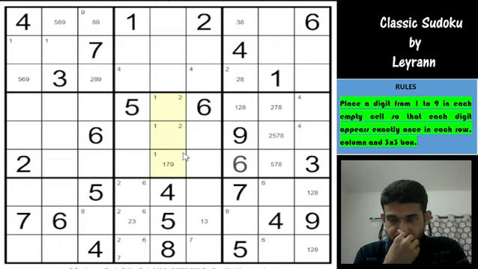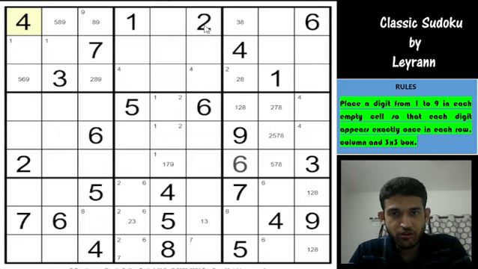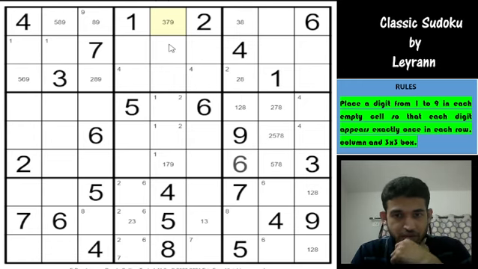So I have 1, 4, 2, 6 here and 5 and 8 here, so this has to be 3, 7 and 9. No other possibility can go there.